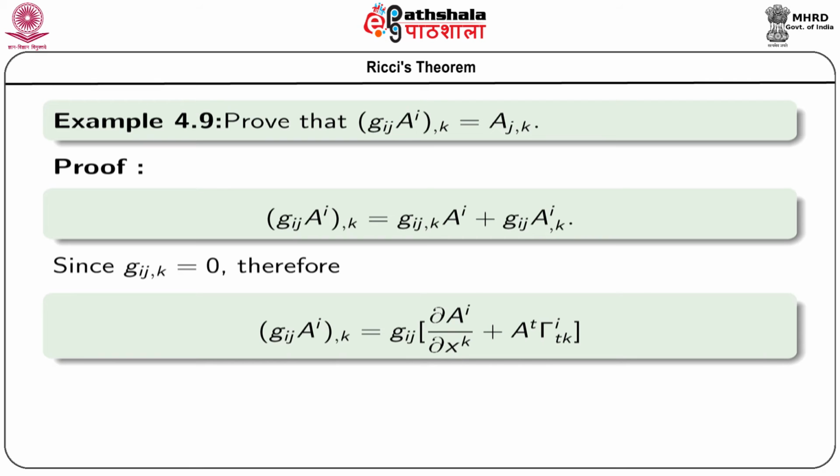Now, in the right hand side, a^i,k can be expressed in the following way: ∂a^i/∂x^k plus a^t Γ^i_tk. So, from this expression, denoted by 2, that is g_ij a^i,k equals g_ij (∂a^i/∂x^k plus a^t Γ^i_tk), we can easily prove that it takes the form a_j,k.